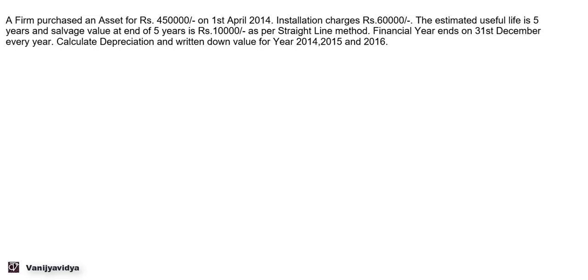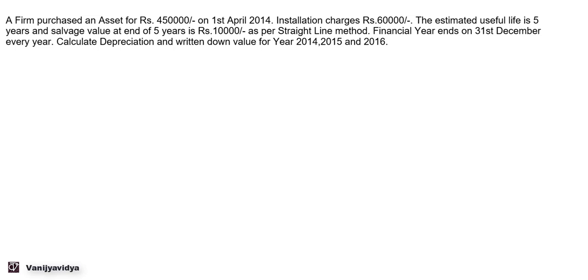As per straight line method, the financial year ends on 31st December every year. Calculate depreciation and written down value for 2014, 15 and 16. That is 31st December 2014, 15 and 16.